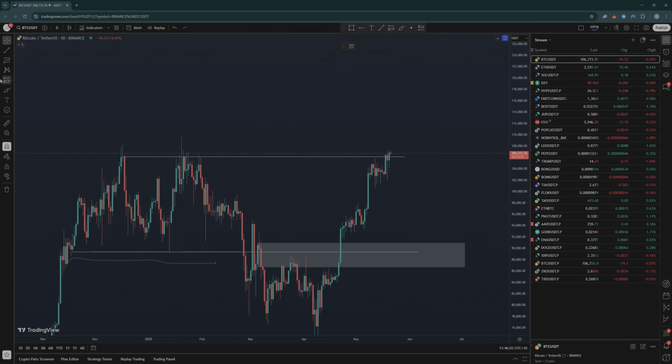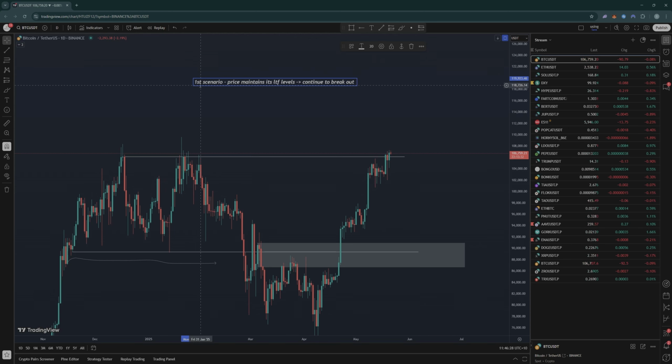There are two scenarios here that I think could play out. The first scenario: price maintains its lower time frame levels and we continue to break out. If this happens, the breakout is going to be quite exponential.